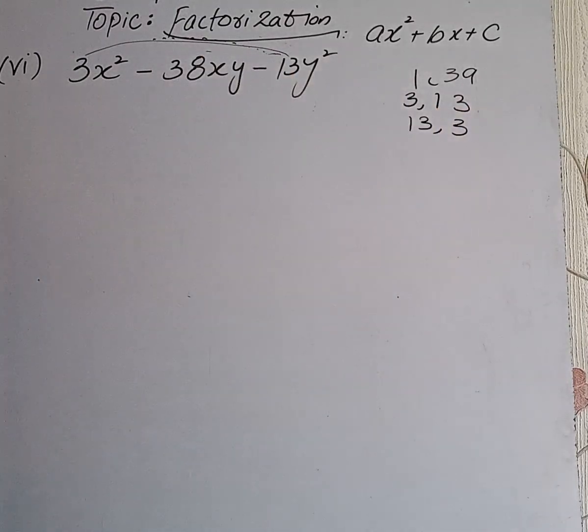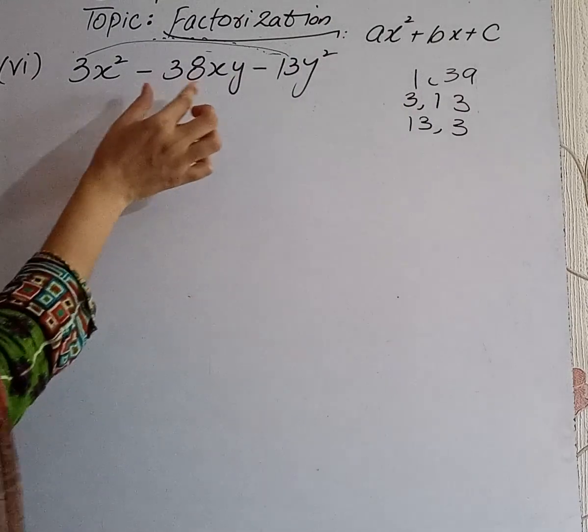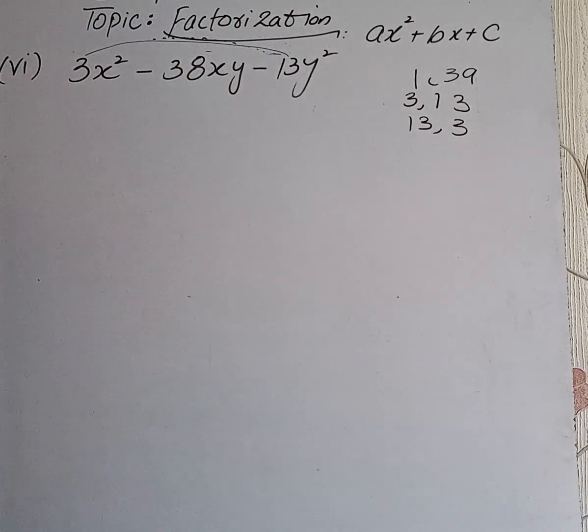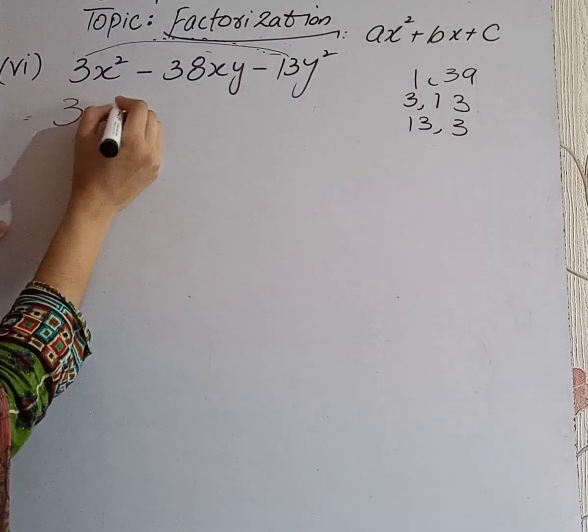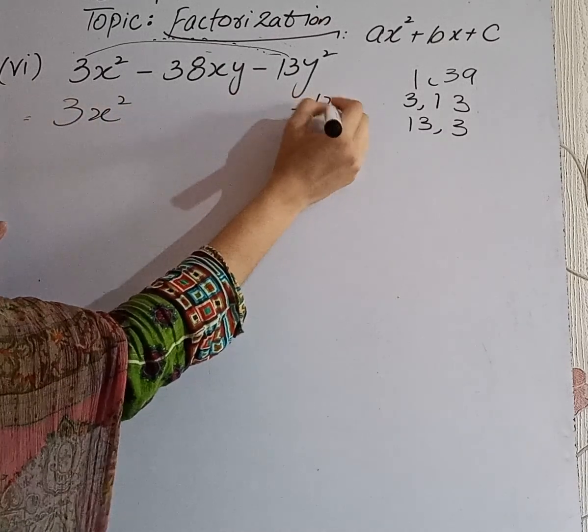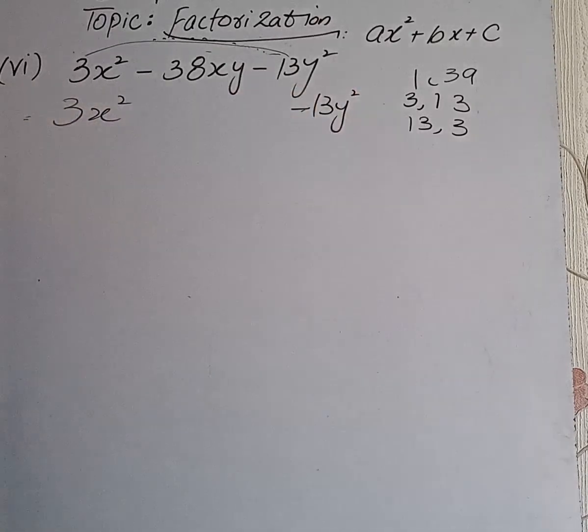Okay guys, now from these three pairs we will pick any one pair which we can write in place of this middle term. But first and the last term, first I will write as it is, that is 3x squared minus 13y squared. So minus 38xy. 38xy we can get by adding or subtracting the selected pair.